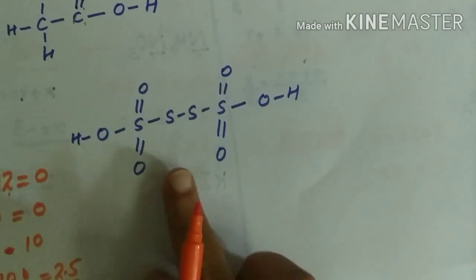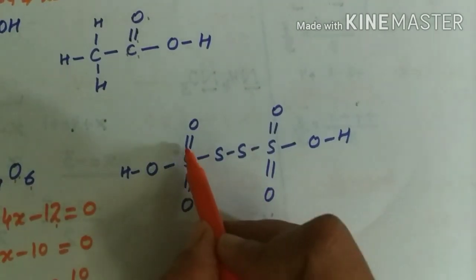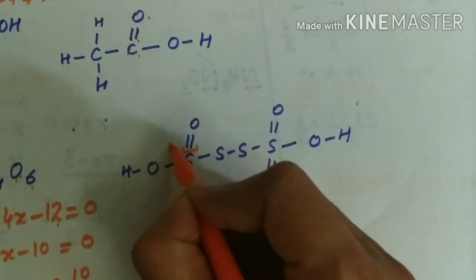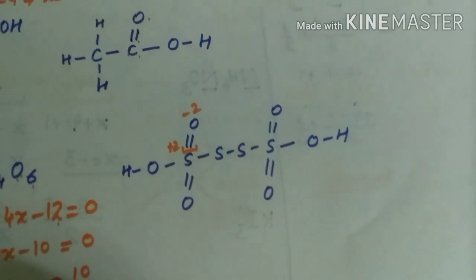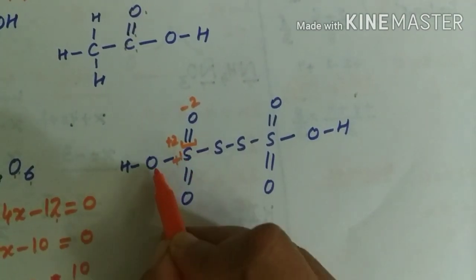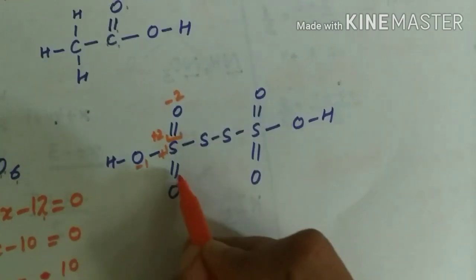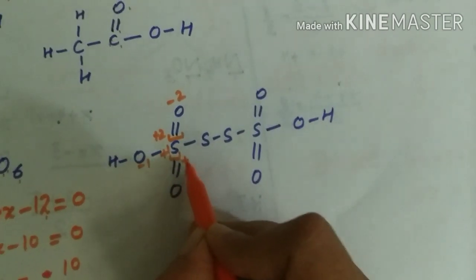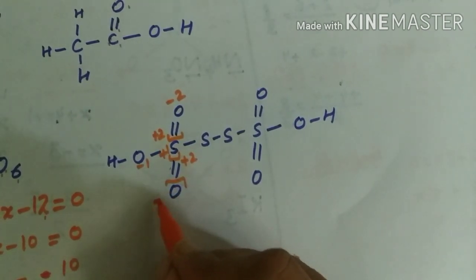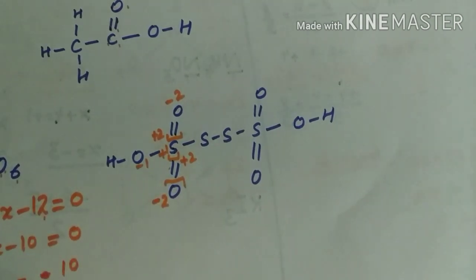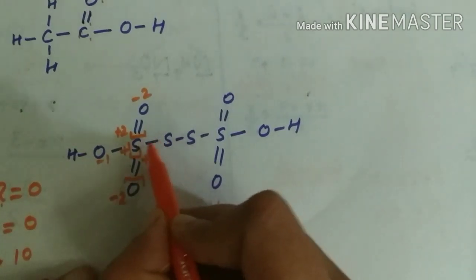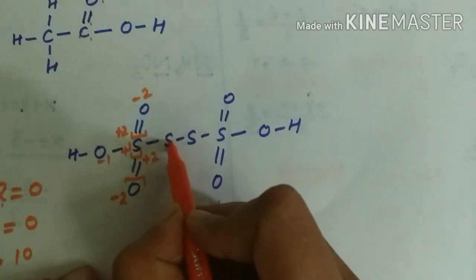Now let us see the oxidation state from the structure. For sulfur, for these double bonds, the total oxidation state for sulfur is +2 and here -2. Here oxygen is more electronegative, so for the single bond +1 and -1. Similarly here it will be +2 and here -2. Now in this case, the same type of bond is there, so 0 oxidation state.